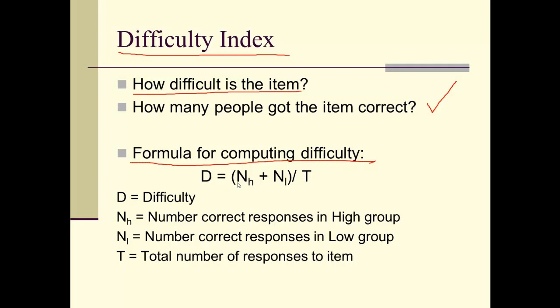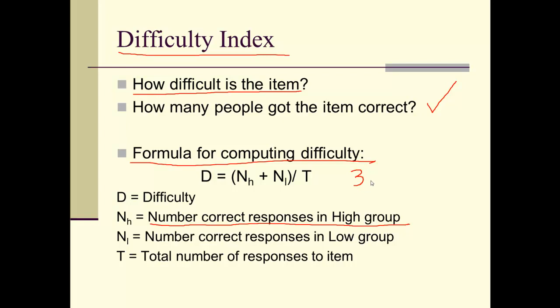D is equal to N of H plus N of L, divided by T. Now, what in the world is that? Well, N of H is the number of correct responses in the high group. Let's say 20 people took the test, and we took the top 5, and let's say 3 of them got it right.